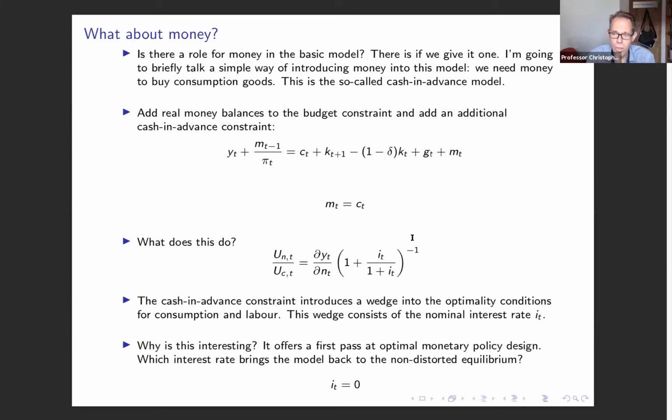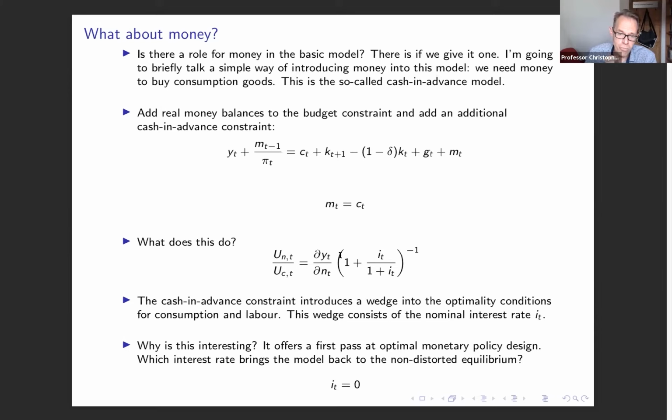So why is this interesting? Why does this matter? It matters because it offers us a first pass at what an optimal monetary policy strategy would look like. This is an optimal way for an economy to work if this thing here, called the marginal rate of substitution, is equal to the relative price.